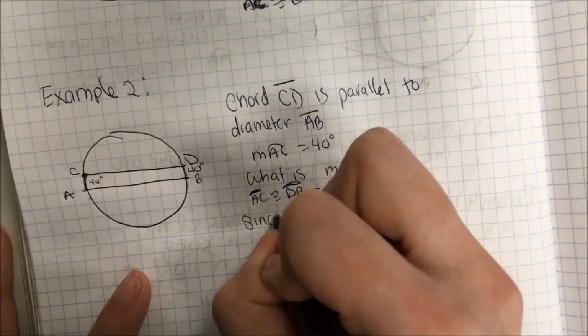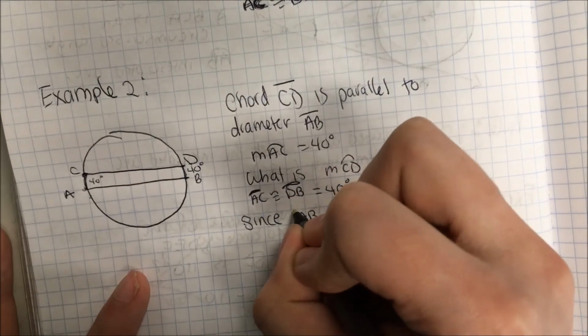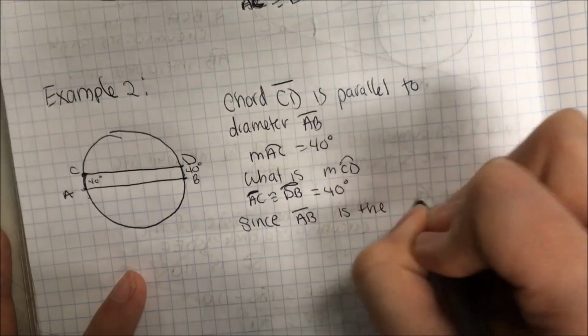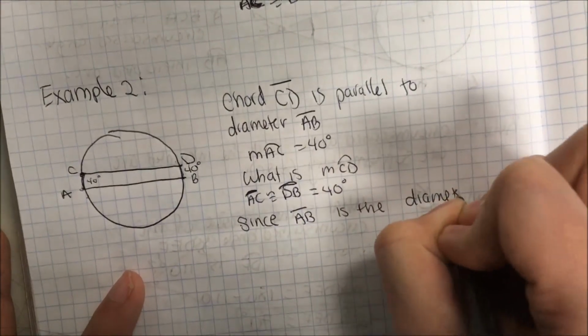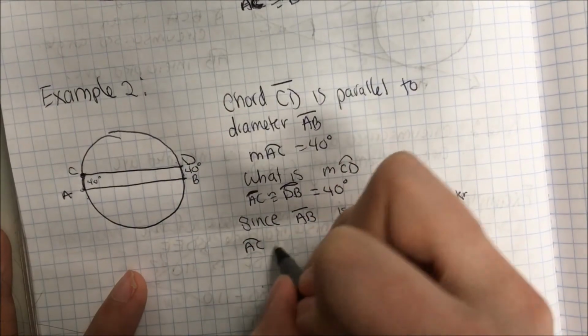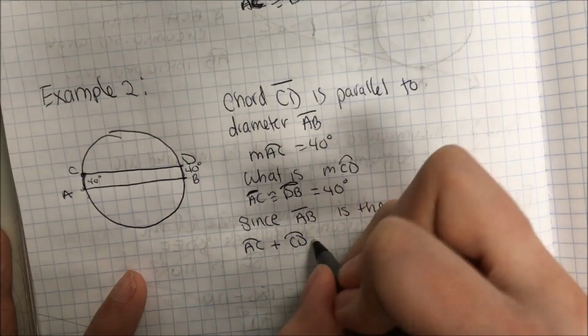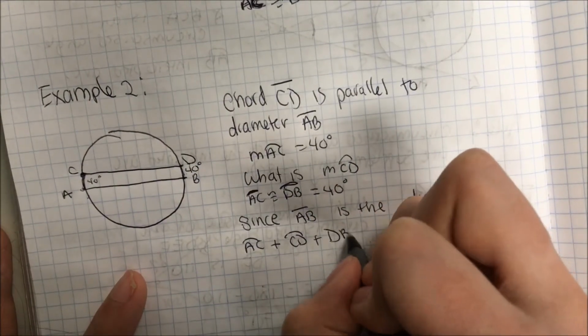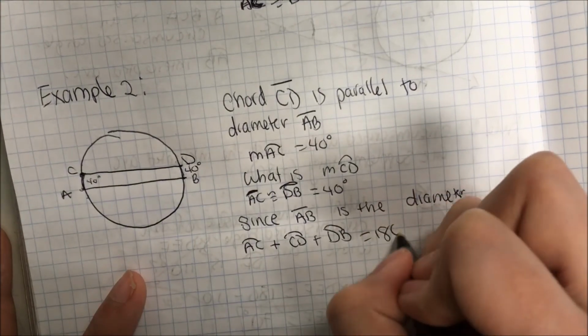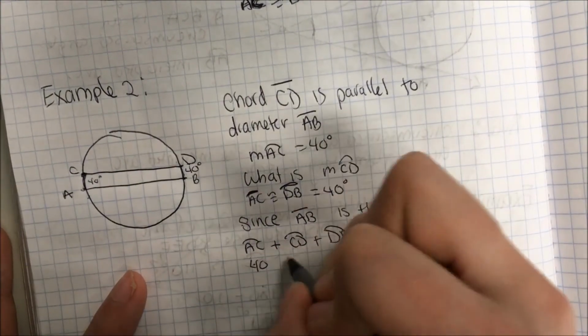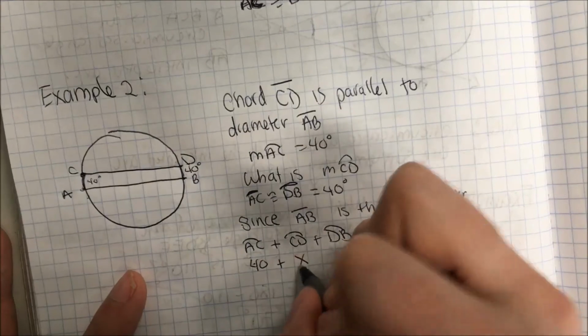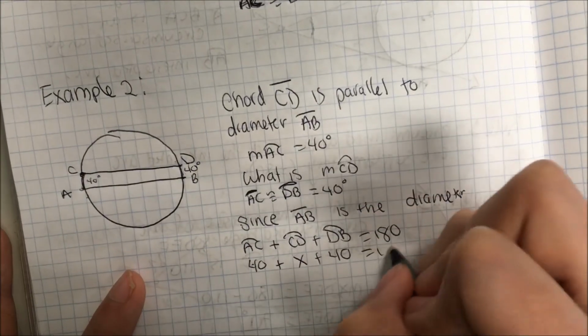So we can write, since AB is the diameter, then we have arc AC plus arc CD plus arc DB is equal to 180. So we have 40 plus x plus 40 equals 180.